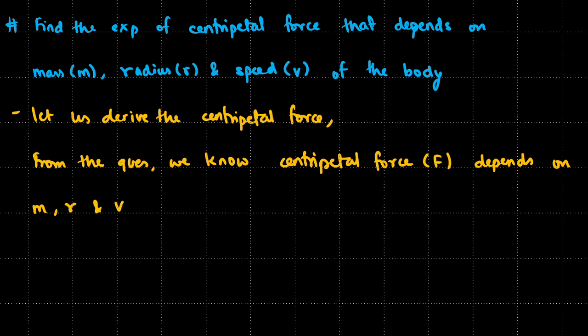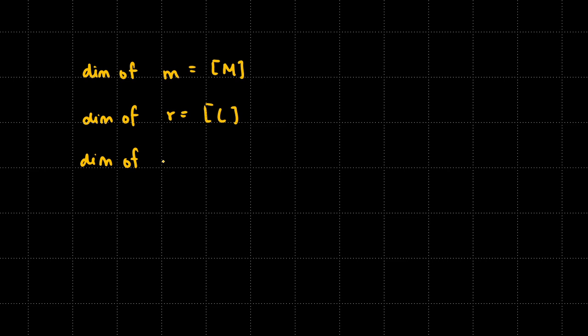Now let's write the dimension of the following that we found. The dimension of mass m is M, the dimension of radius, which is a length, will be L, and finally the dimension of speed will be distance over time, so length over time, so it will be LT^-1, same as that of velocity.